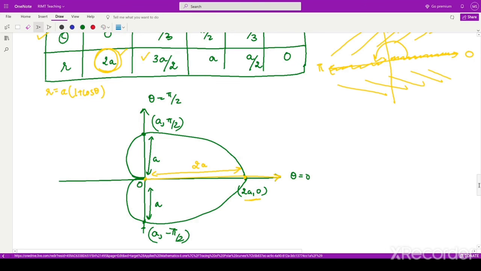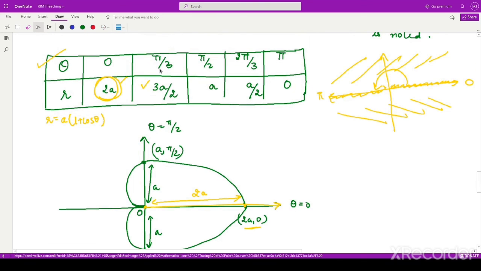Next, let us see the next point. It is pi by 3. This line is pi by 2, theta equal to pi by 2. For this point, the distance covered is a. So this point is a comma pi by 2.